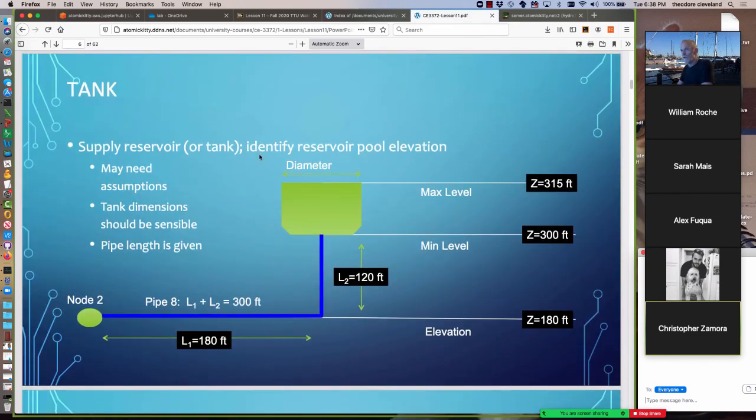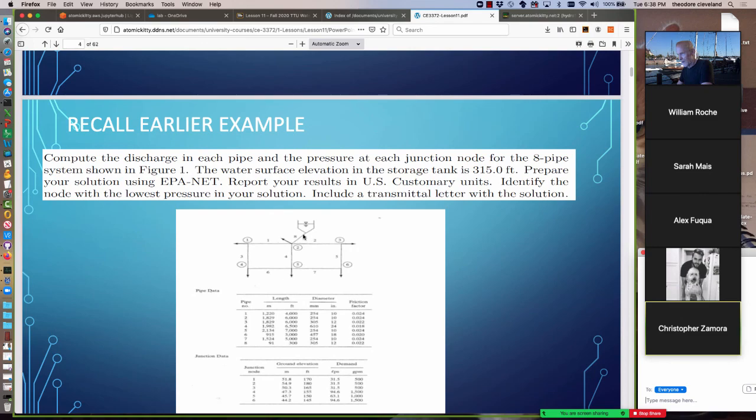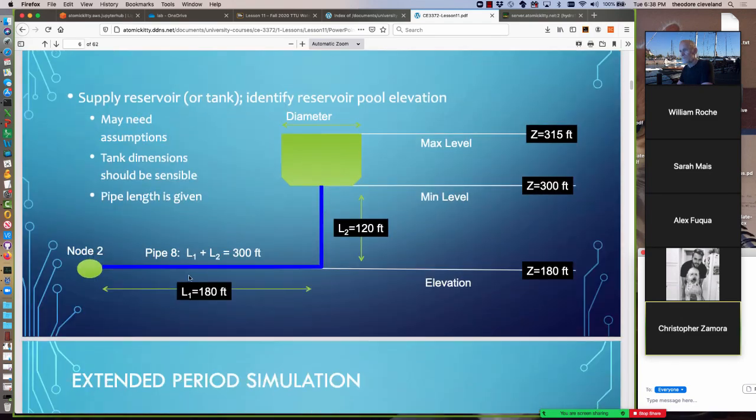If you'll recall the way the tank in this picture is modeled, here's pipe number 8 connecting the tank to node 2. Pipe number 8 has a total length of 300 feet, and I've elected in the drawing to make the assumption that 180 of that 300 feet are running horizontal from the node at the same elevation that the node is, and then going underneath the tank and running up 120 feet in the air to the bottom of the tank.